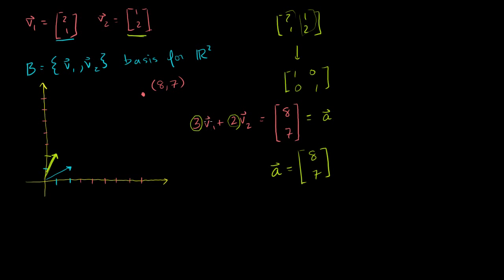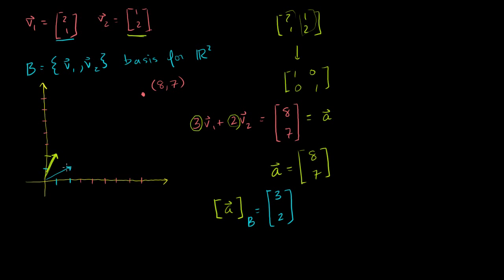So just given what we just saw in the earlier part of this video, we can write that the vector A, with respect to the basis B, maybe I'll do it in the same color as the basis, is equal to these weights on the basis vectors, is equal to 3 and 2.